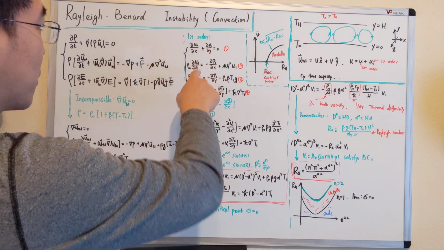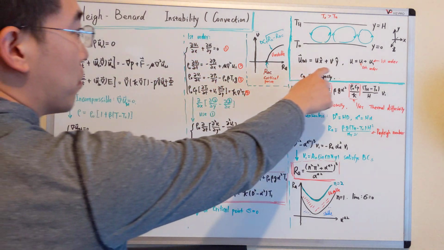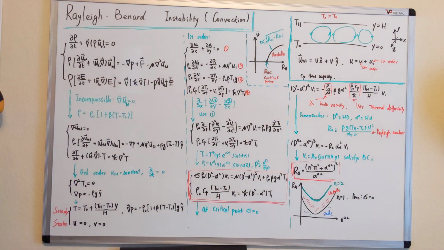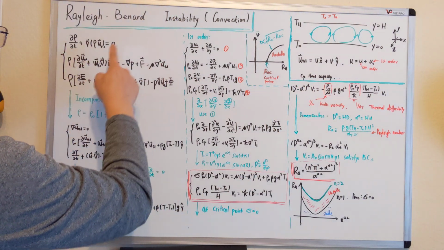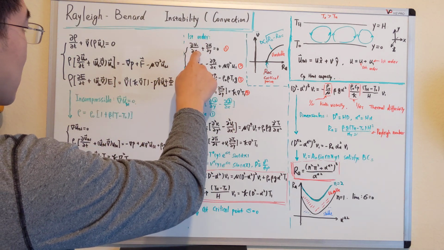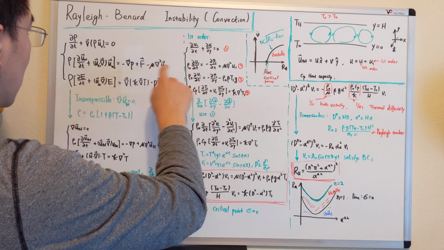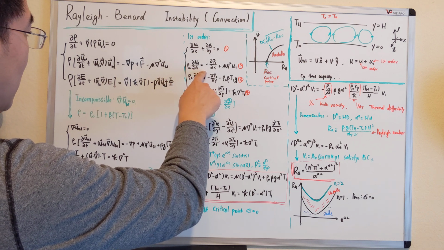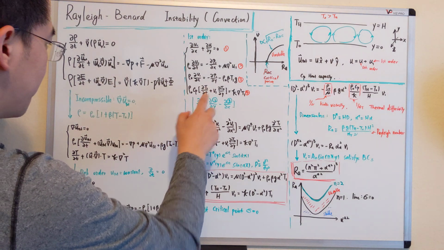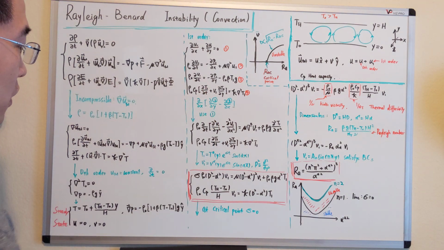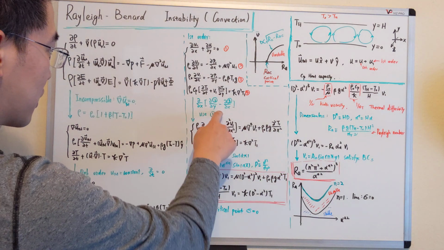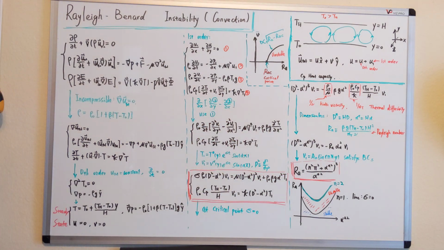For the first order, we make u equal u naught plus u1, plug into this equation, and subtract the zeroth order. We get the first order: the continuity equation, conservation of momentum in the x direction and y direction, and the energy equation. We did some manipulations; for detail, you can look into the video.